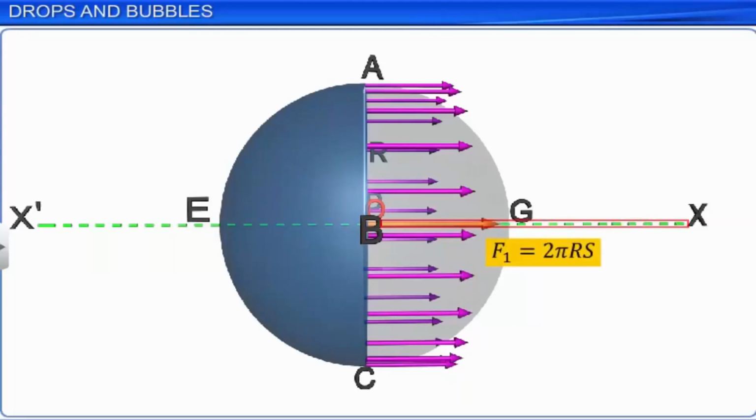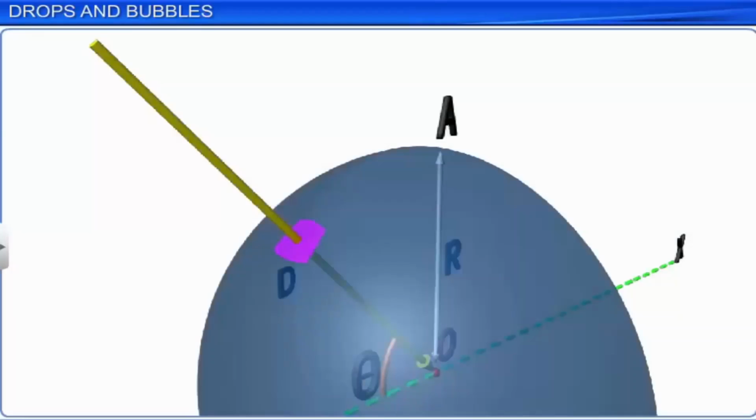Now, let us consider the force due to the air outside the surface ABCDE. If delta A is the area of a small part of the surface, the force on the small part due to the outside air is denoted by delta F, equal to P1 into delta A, where P1 is the pressure due to air on the surface. This delta F acts along the radial direction as shown.